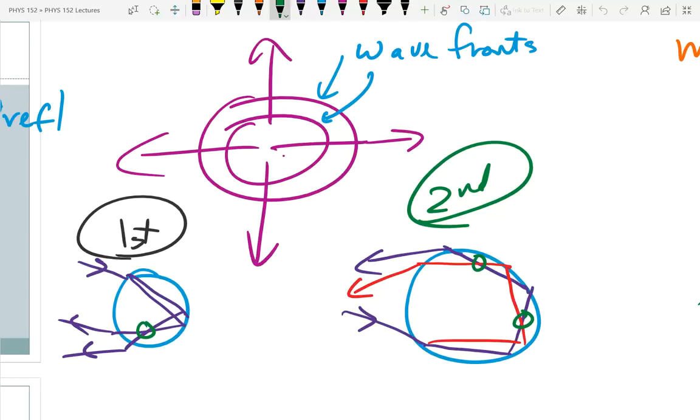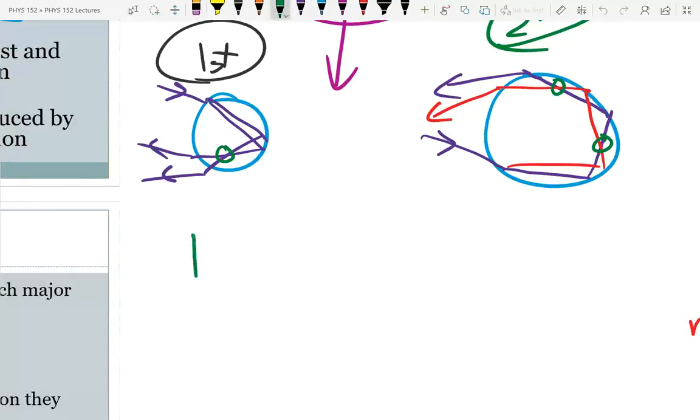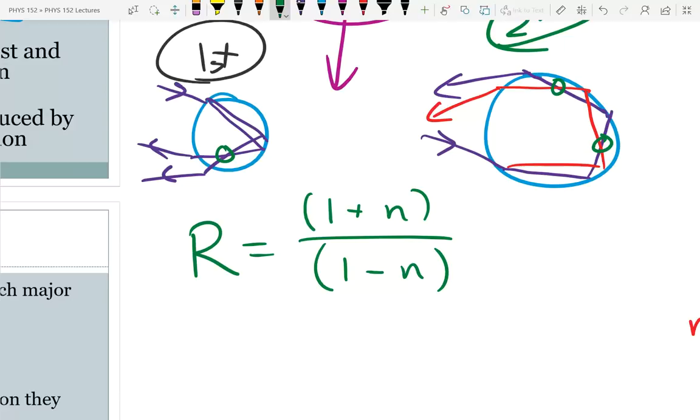The way to actually calculate it, you do not have to know how to calculate it, is that the reflection is (1 plus n over 1 minus n) quantity squared.